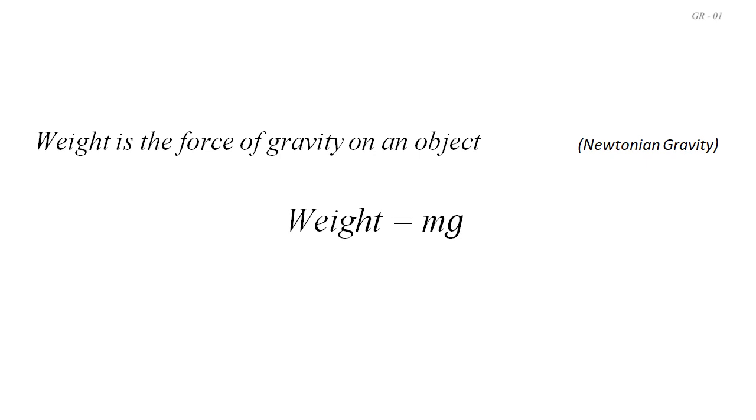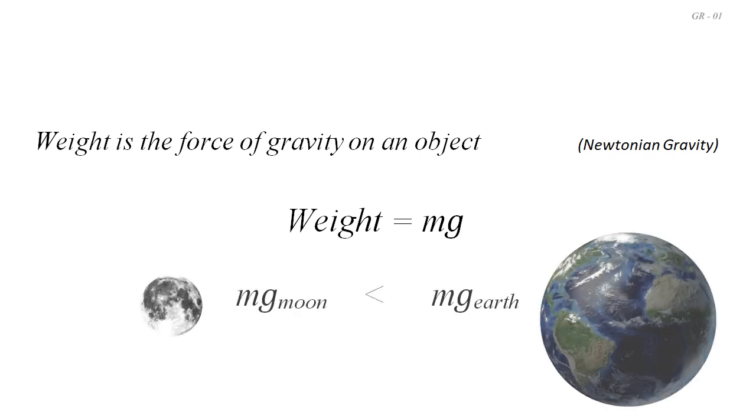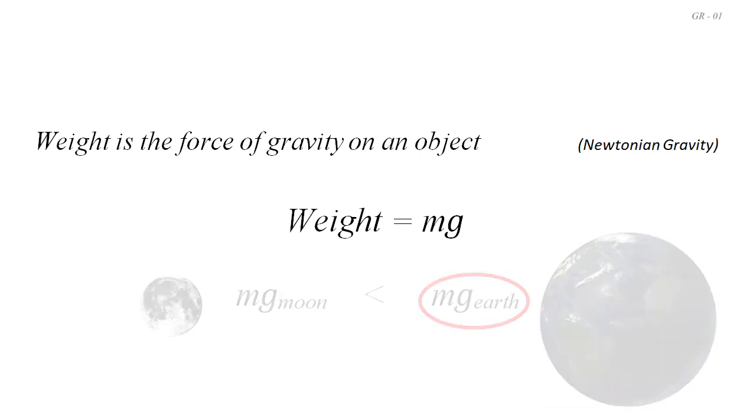This definition of weight fits in with the ideas of Newtonian gravity in the sense that an object with a given mass would have a different weight on different sized planets or on the moon, and yet the mass would be constant. Consequently, the weight of an object of mass little m on the moon, m g moon, will be less than its weight on Earth, m g Earth.